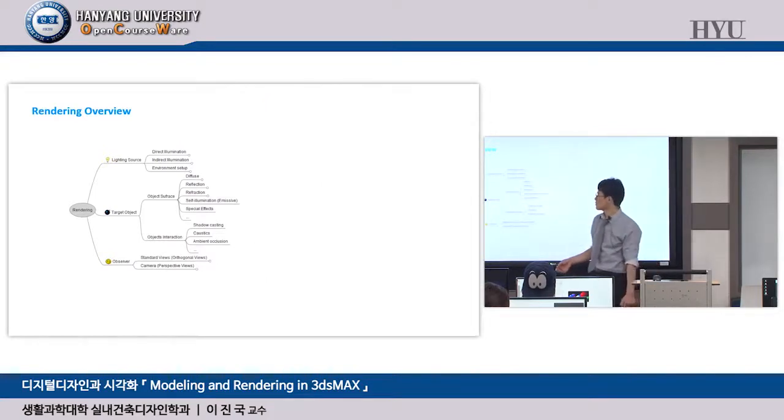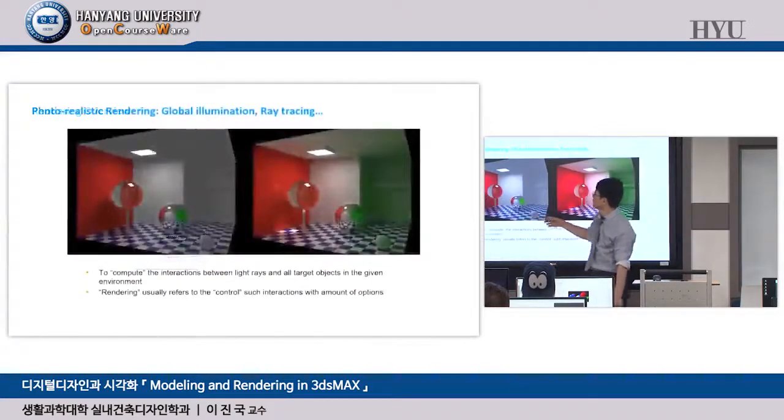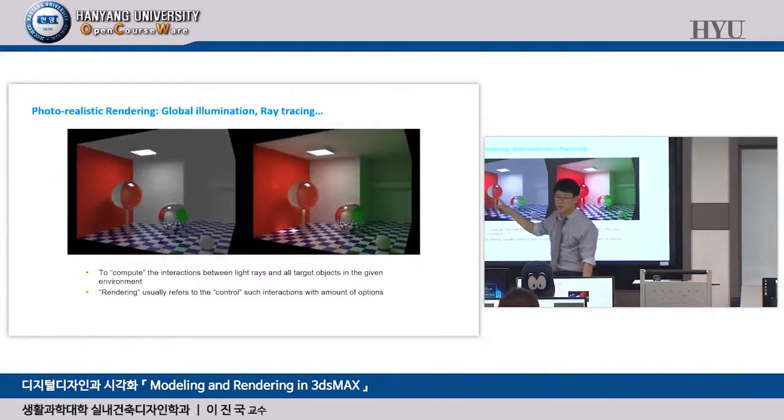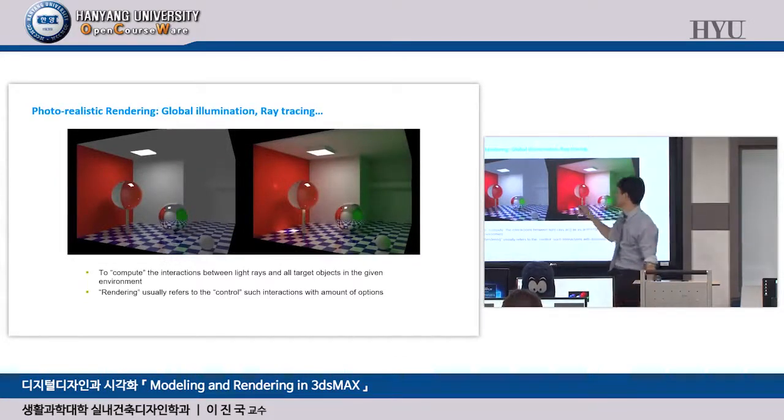Okay? Take a look at this one. Lighting source, reflection, but no caustics. This is caustics, okay? And take a look. Some type of ambient occlusion. This is ray tracing, okay? There is a ray, okay?